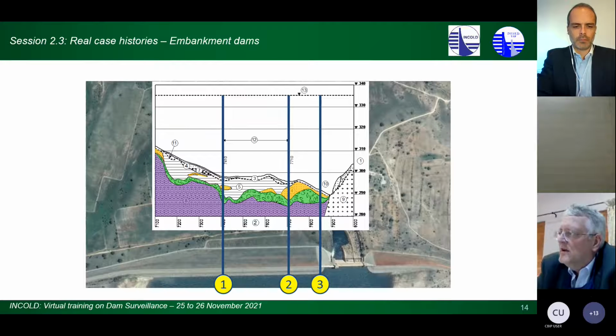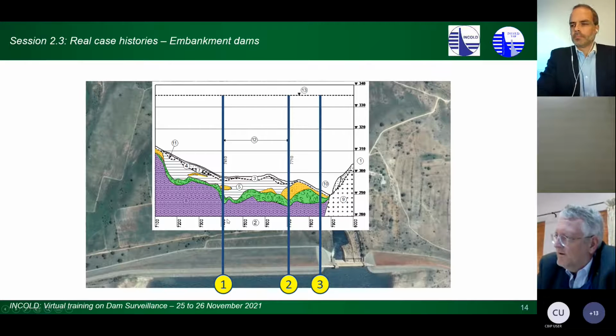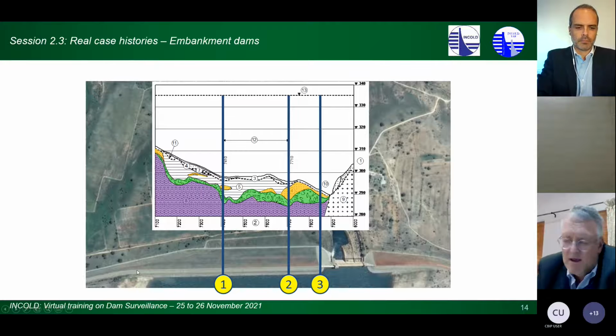The designers established that there were 2 areas of concern, and they focused on those. They didn't just install piezometers all over the embankment. They identified 2 specific areas of concern, and they also identified the interface between the concrete and the earthfill as a problem area. So there are basically just 3 sections that are monitored for this particular dam.